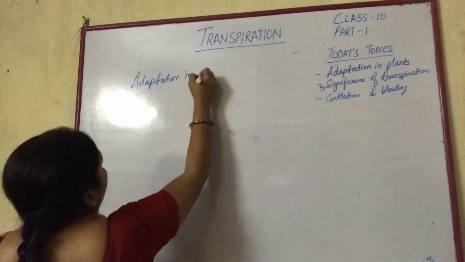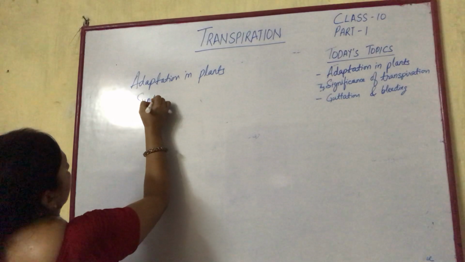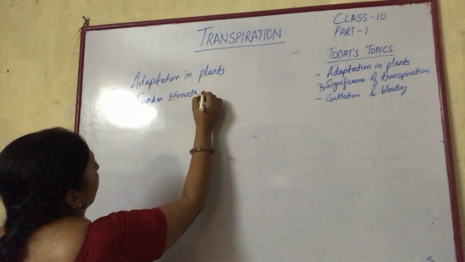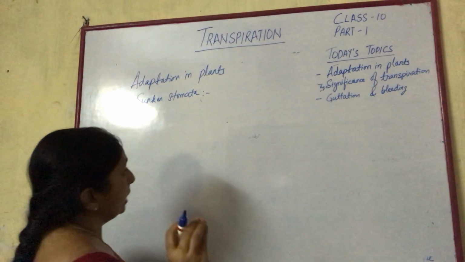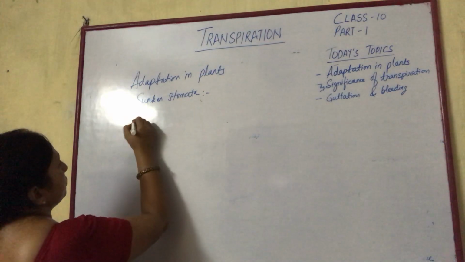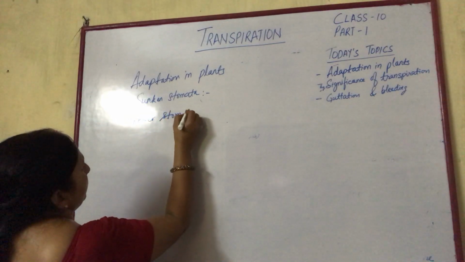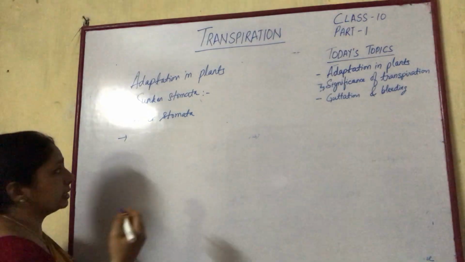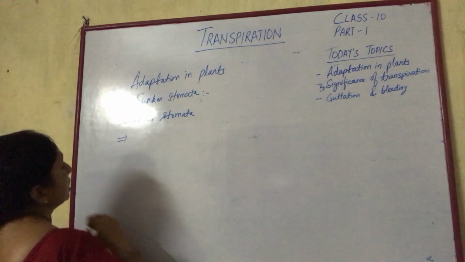Adaptation in plants: first is sunken stomata, where stomata move towards the inner side or get covered with a hair-like structure as in Nerium, to reduce transpirational loss. Number two is fewer stomata, to reduce loss of transpiration. The fewer the stomata, the lesser the transpirational loss.